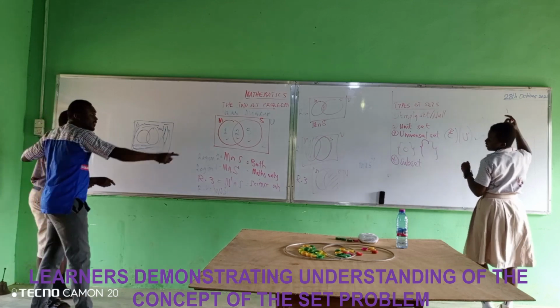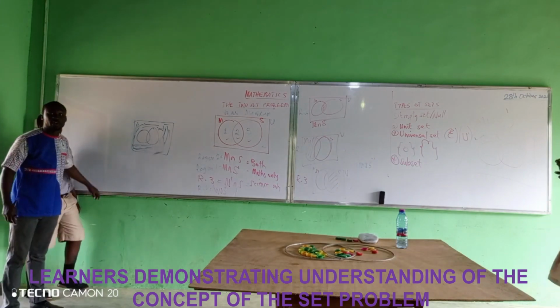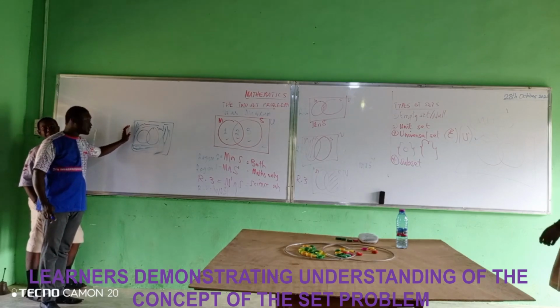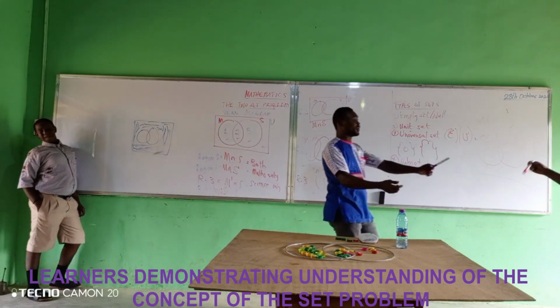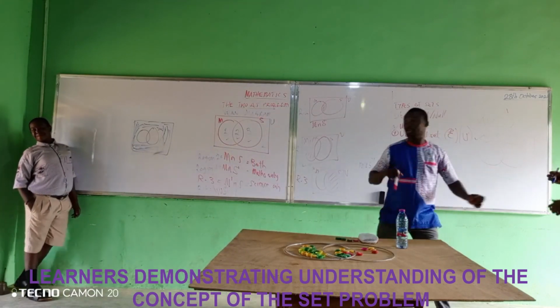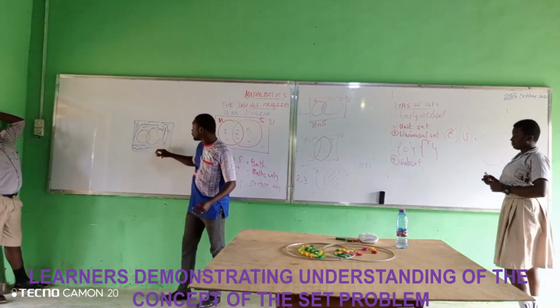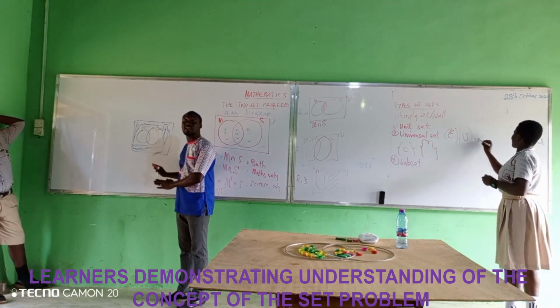Okay, so Vivian, stand there. Let's check that. Is that correct? Where is our universal set? Give me your marker. So, U, M, S. The shading is correct.